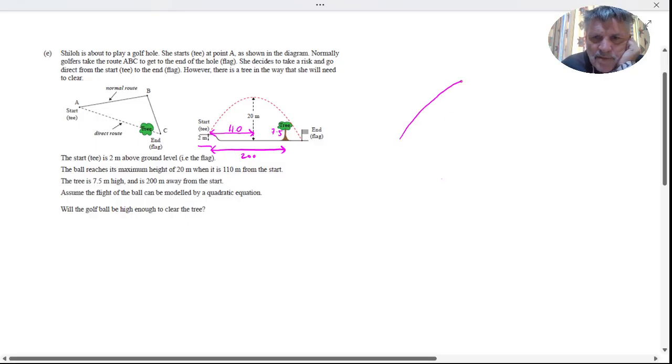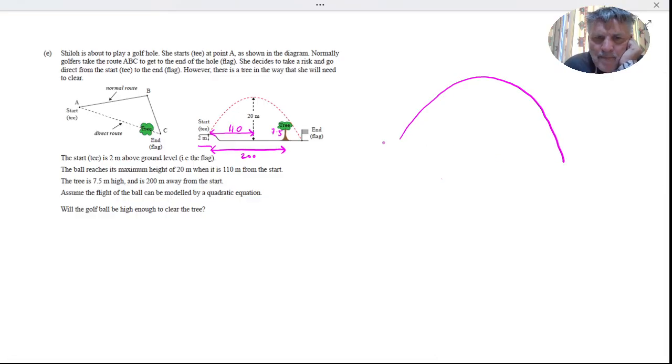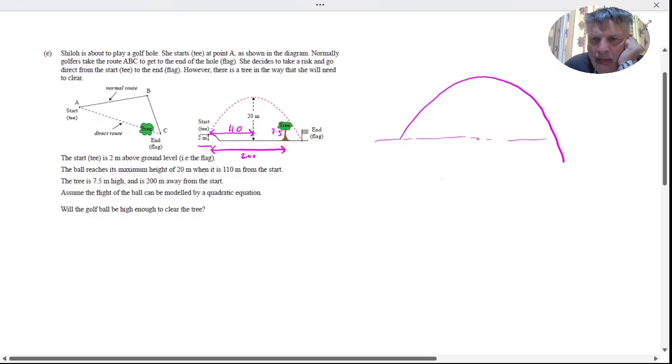So we've got a parabola. And I'm going to set my coordinates like this. So this is the midpoint. This is the T box.